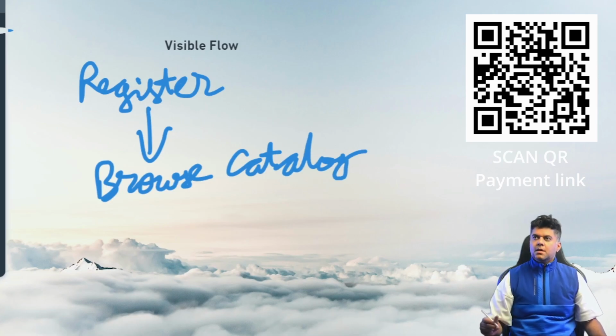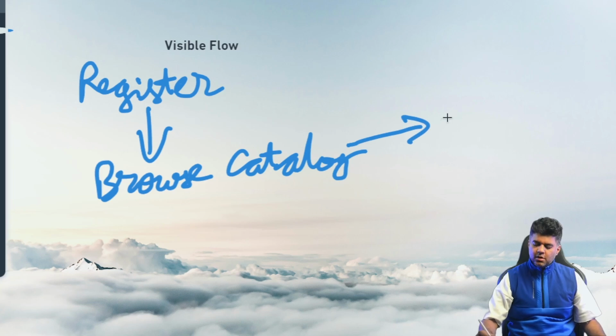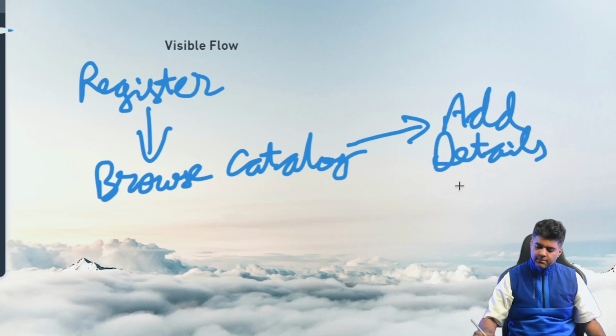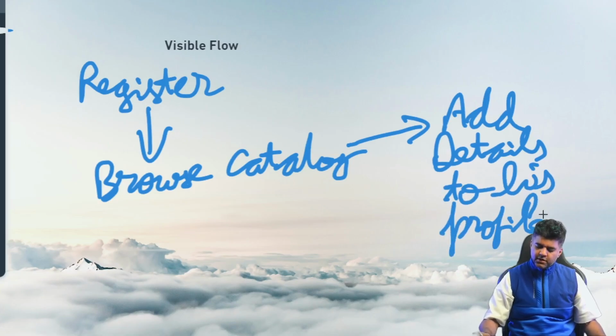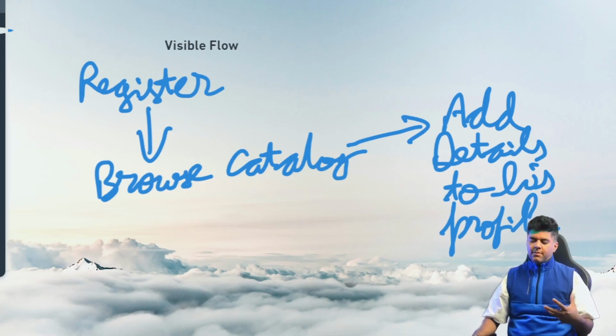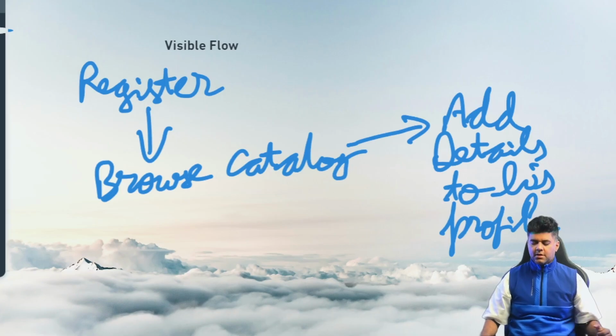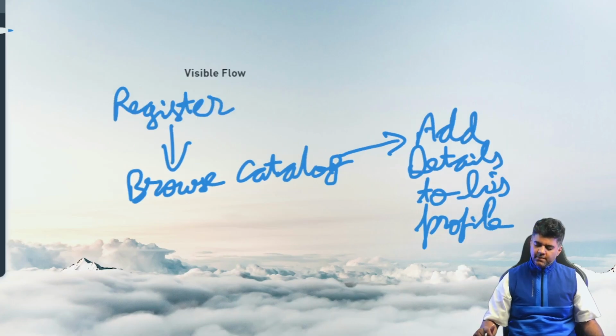At the same time, after registering, he can also add details to his profile. You must have seen, when you sign up, when you register, when you log in, the e-commerce platform asks you to add more details like your email address or your phone number or your address where you stay, so that checkout becomes easier at the end. So we are registering, we're browsing the catalog, we're adding details to his profile.